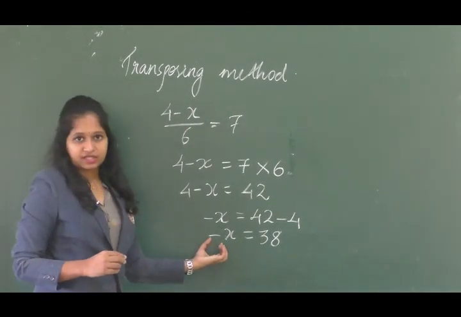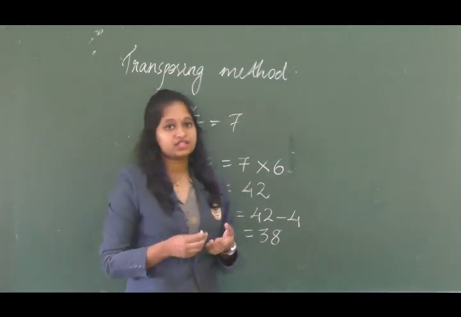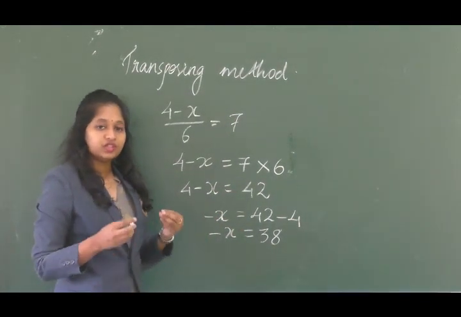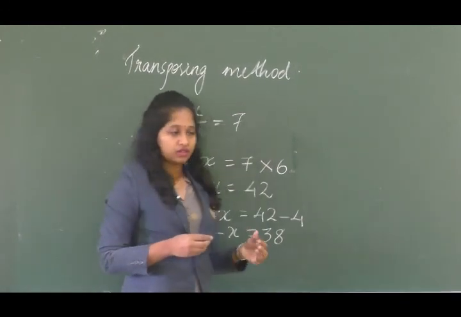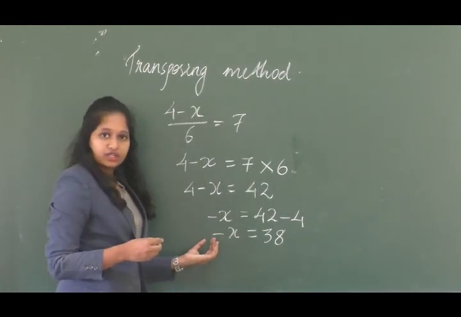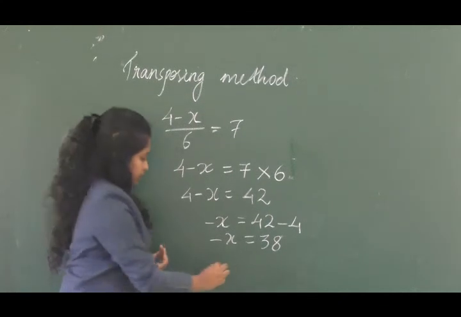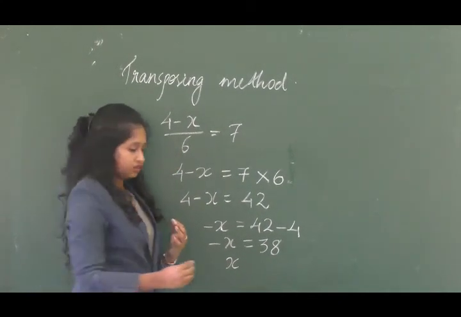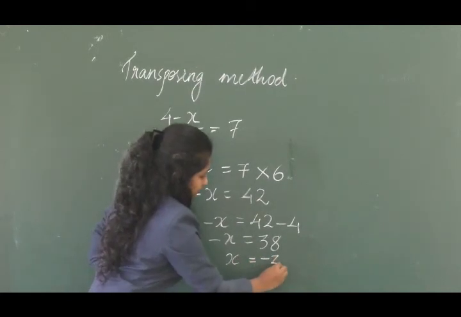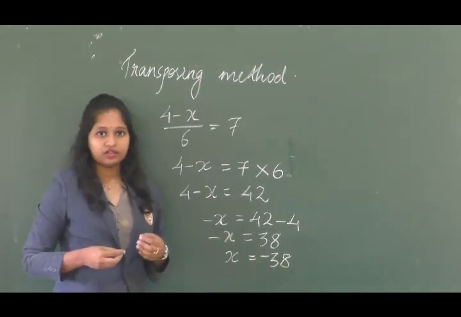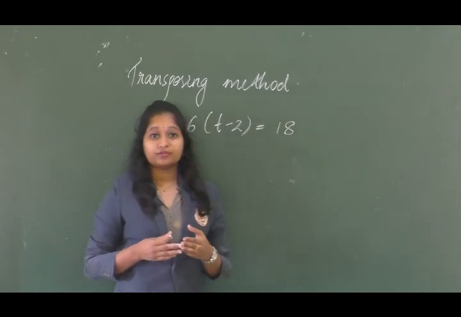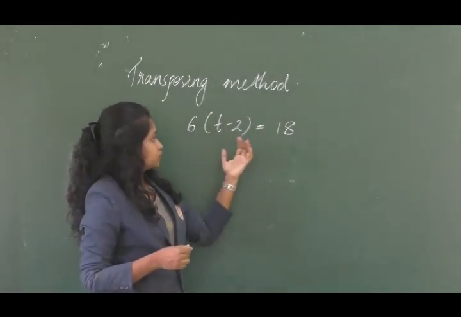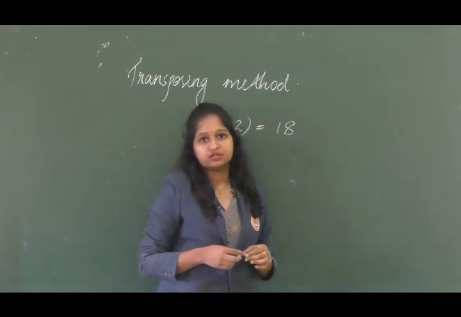Now we have minus x, but we need plus x. So what to do? Multiply both sides with minus 1. So minus 1 into minus x we get plus x, minus 1 into 38 we get minus 38. Got it? I have one more example from your exercise, that is 6 into t minus 2 equal to 18.